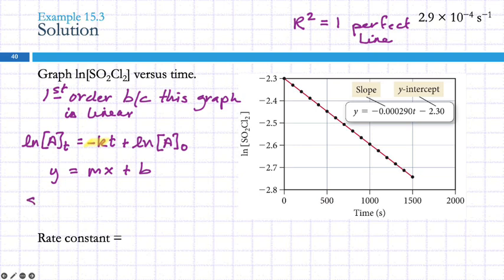So the slope is equal to negative k, which means that k is equal to negative slope, right? So our slope is 0.000290. Is that going to be a positive number or a negative number? It's going to be positive. A rate constant has to be positive. Just like negative time is meaningless, you can't have a negative rate constant. So this is the rate constant.